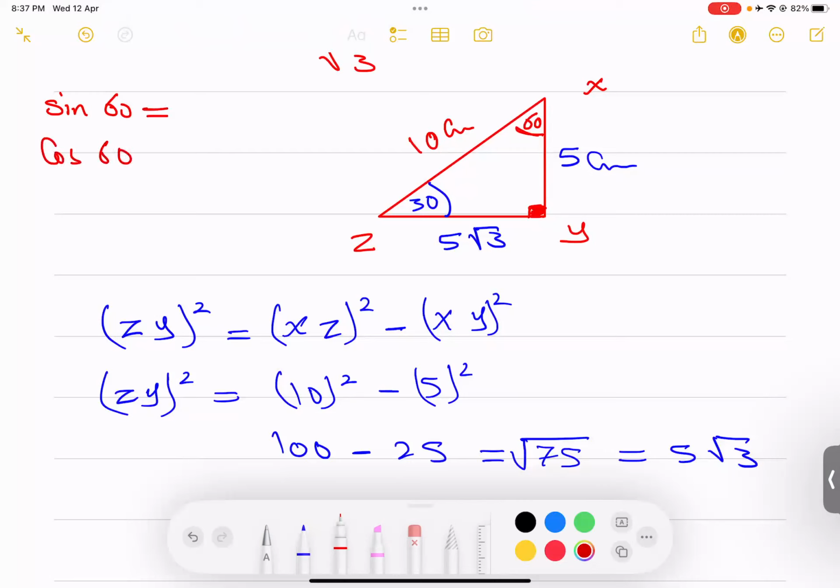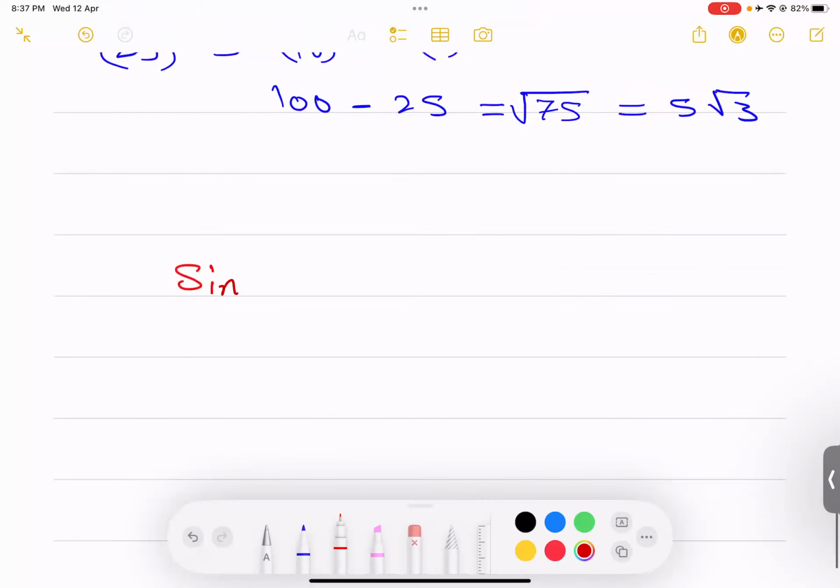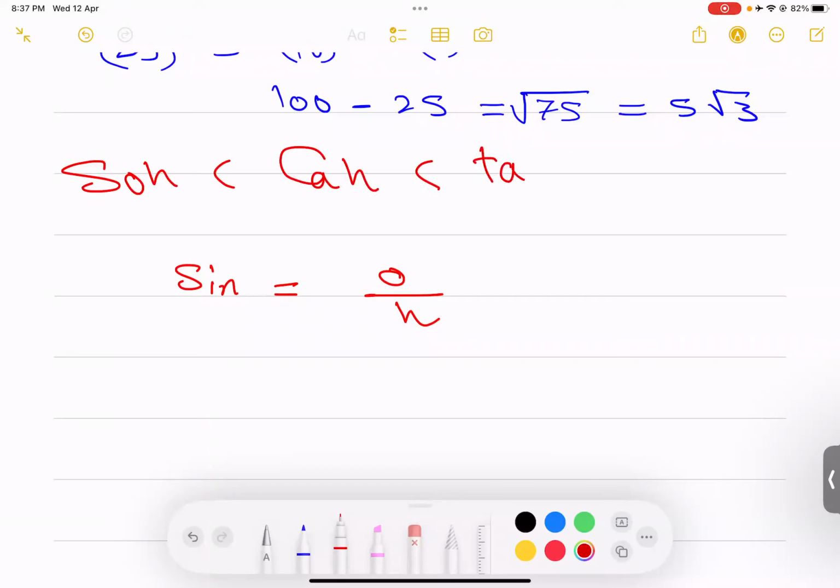Cosine of 60, tan of 60. Remember, sine is opposite over hypotenuse, right? Remember SOH CAH TOA.